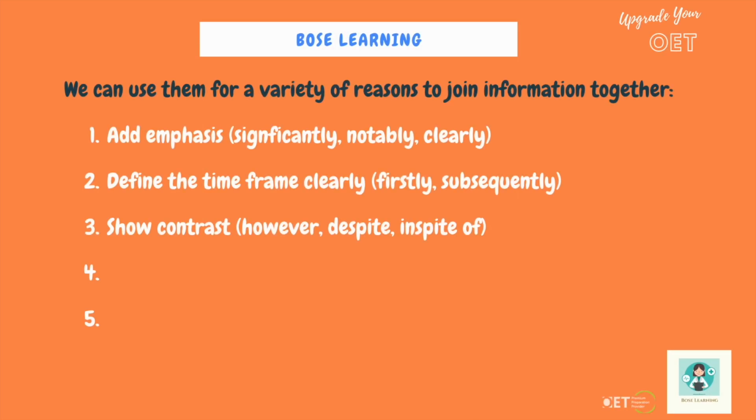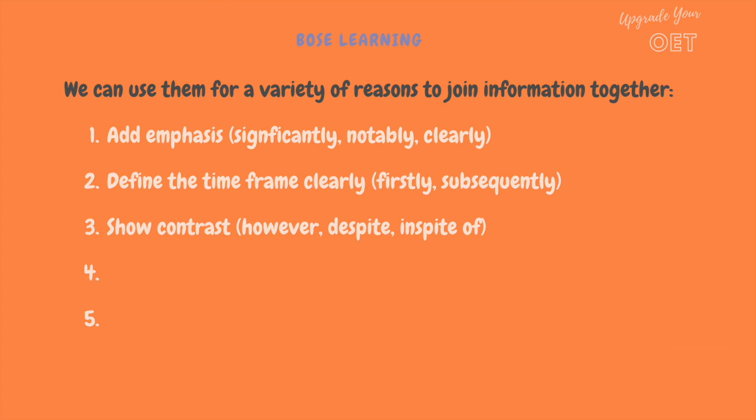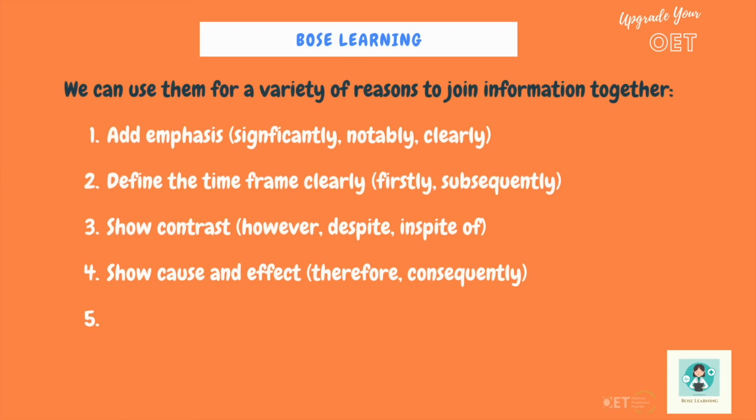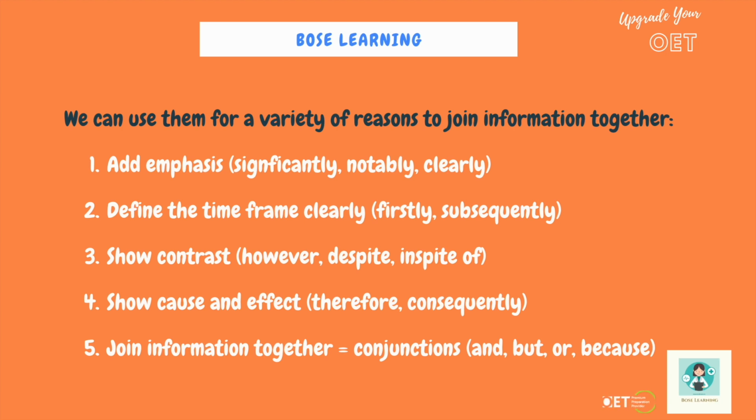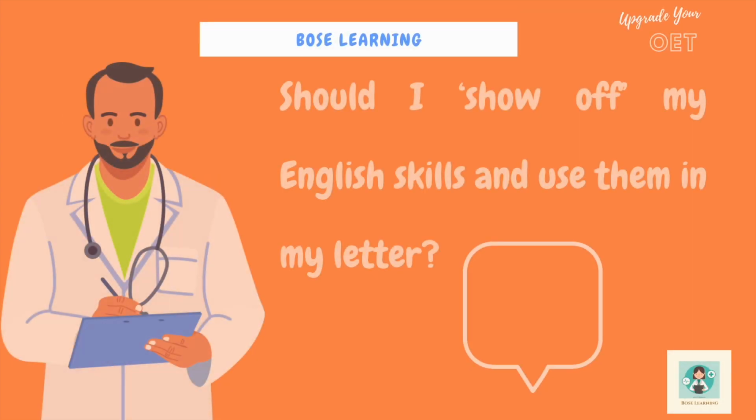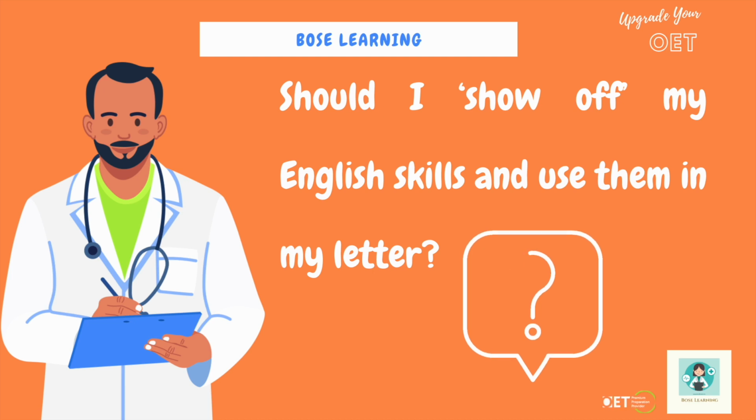We can use them to show contrast: however, despite, in spite of, that kind of thing. They can be used to show cause and effect: therefore, consequently, as a result of. And of course, we can use them to join information together, and those are called conjunctions: and, but, or, because. So now you know what they are.